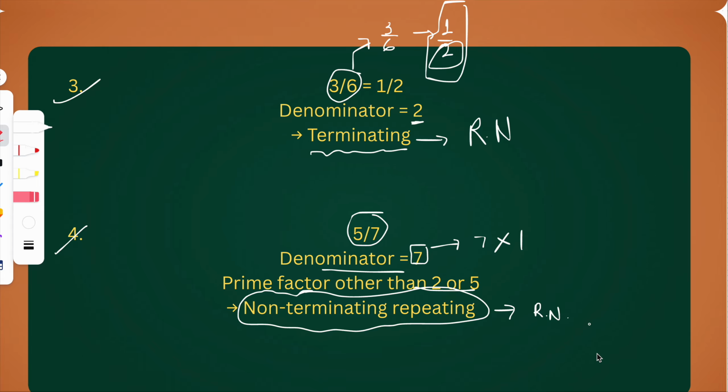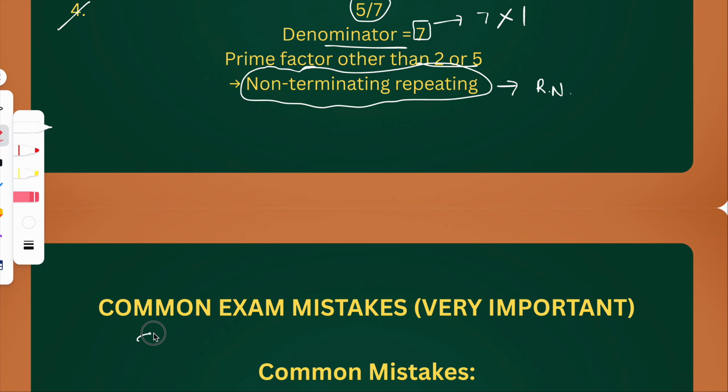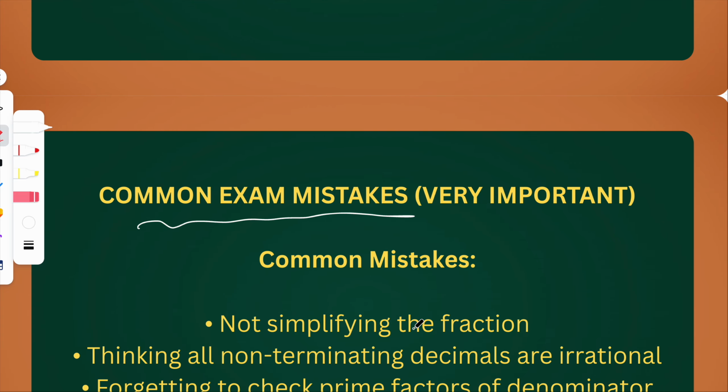Now let's see some common exam mistakes that are generally made by the students. The first and most common is that students generally don't simplify the fraction before checking for the denominator. आपको पहले simplify करना पड़ेगा fraction को, then you have to check for the denominator.